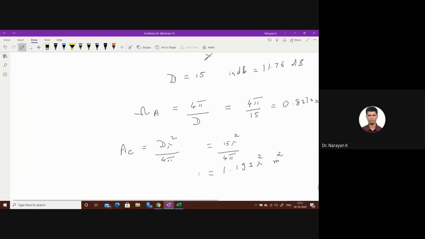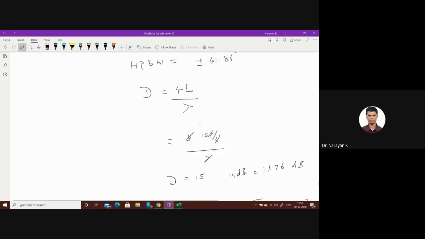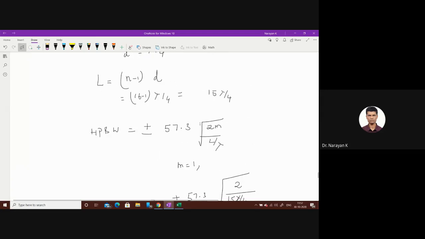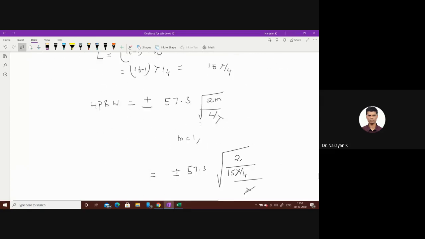This is your effective aperture. And your beam solid angle is 0.837 steradian. Your directivity is 15, half power beam width, length of the array, everything you have found. Now, the next type of problem, you have to plot the field pattern.